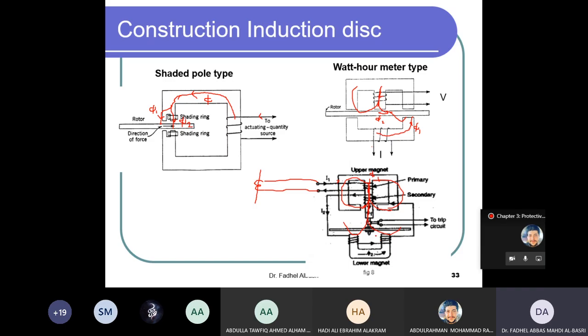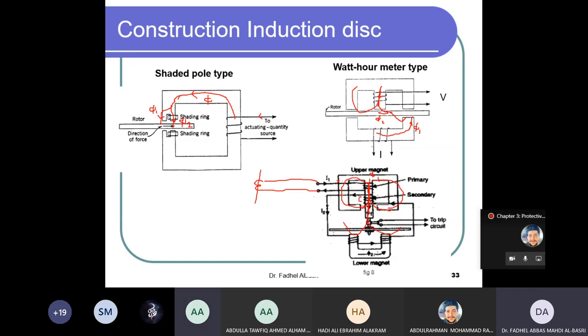And similarly, I have another coil wound here on the same core. So this flux will induce an EMF across this coil. These two coils are connected in series.